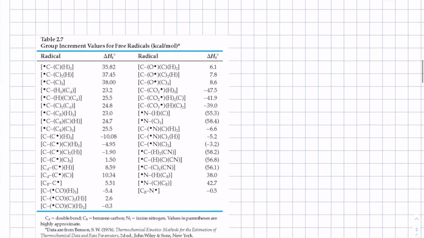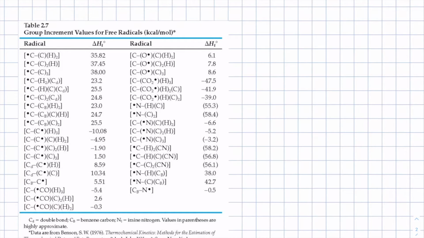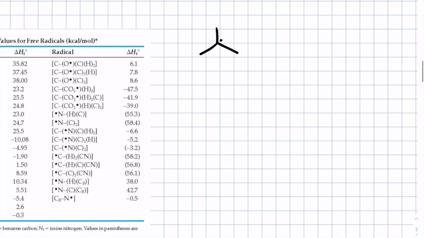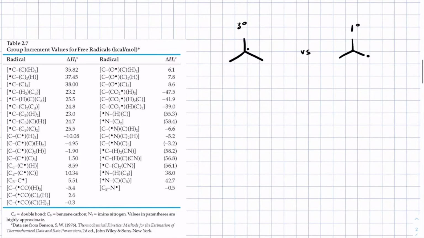So, as an example of using this information, let's compare the stability of t-butyl radical versus the regioisomer primary radical. If we were to calculate what we've got here, we have 3 methyl groups and 1 tri-substituted radical.